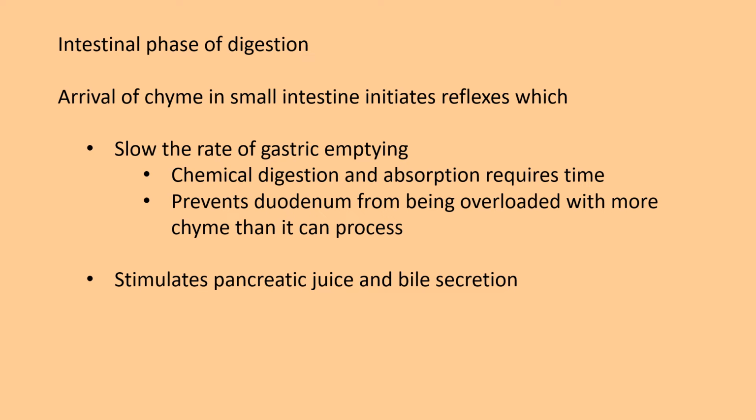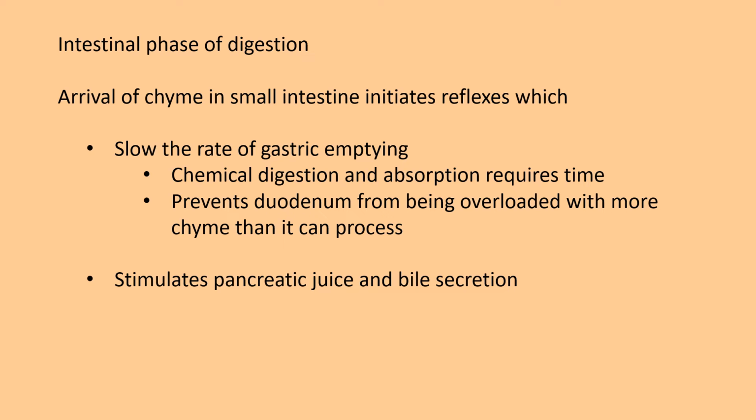Once we have chyme entering the duodenum, we initiate the third phase of digestion, which is called the intestinal phase of digestion. This is another set of reflexes that all work together to slow the rate of gastric emptying. This is because, I hope you remember, the greatest amount of chemical digestion and the greatest amount of absorption happens in the small intestine, and those things take time.